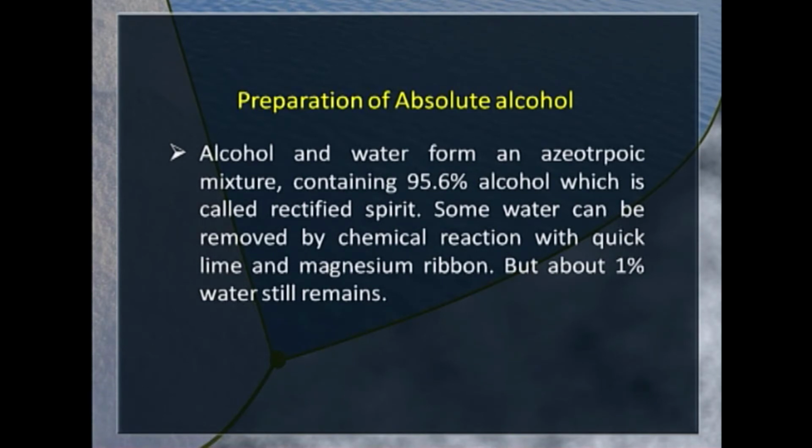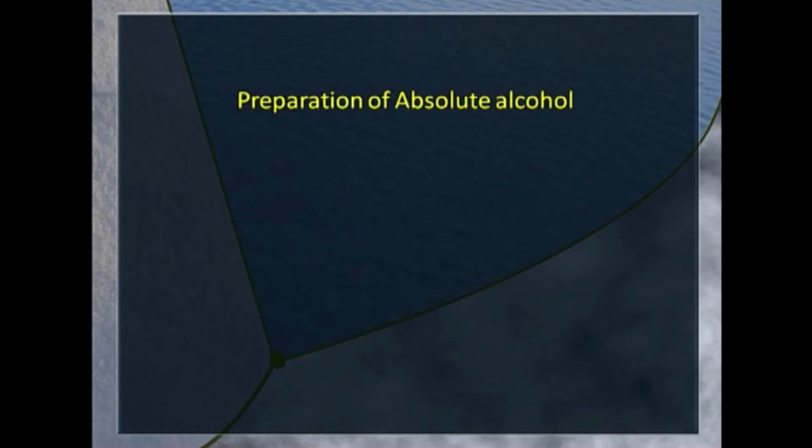Some water can be removed from this by chemical reaction with quicklime and magnesium ribbon, but about 1% water still remains in it. It's very difficult to remove water from alcohol because of the presence of azeotropism in the system. Then how do you prepare absolute alcohol, which is nothing but 100% alcohol? Let us try a method.